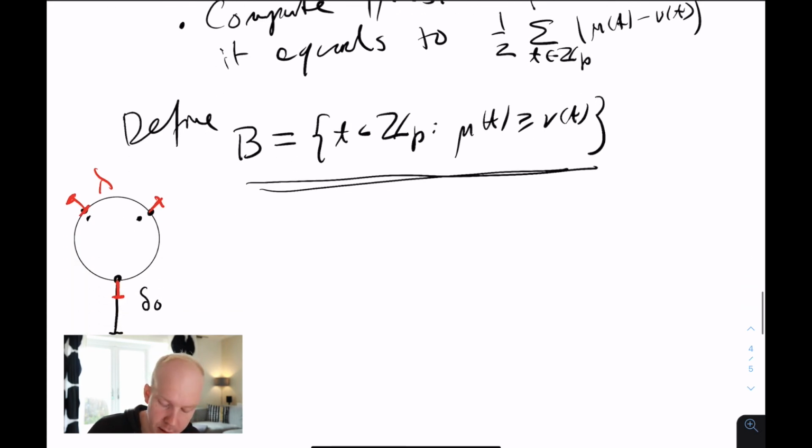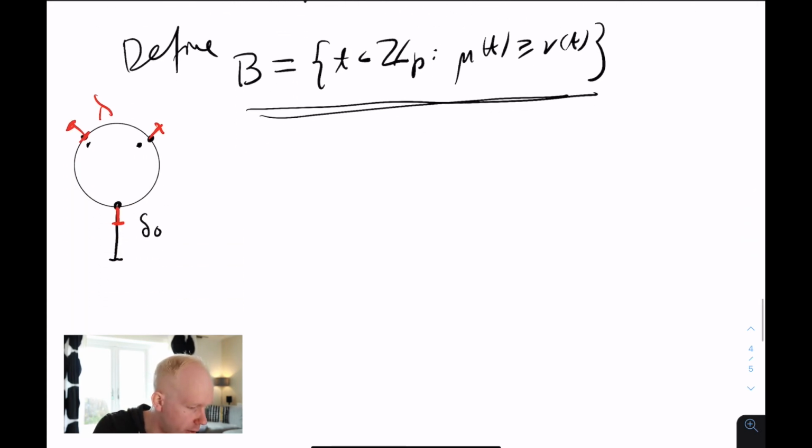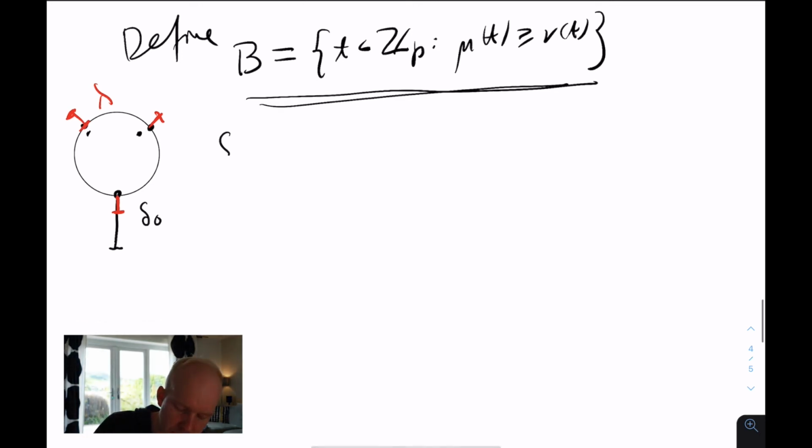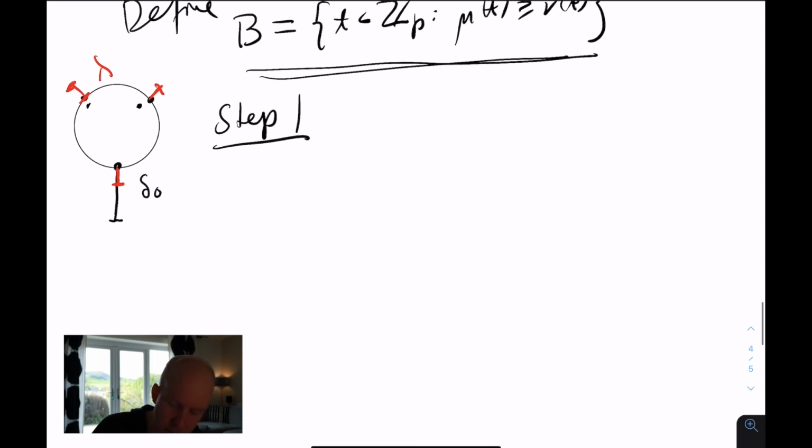And now the first thing to do is to create a formula for the thing. So what we want to do is the maximization. So step 1 is to prove this kind of formula. There's a symmetric notion of this.